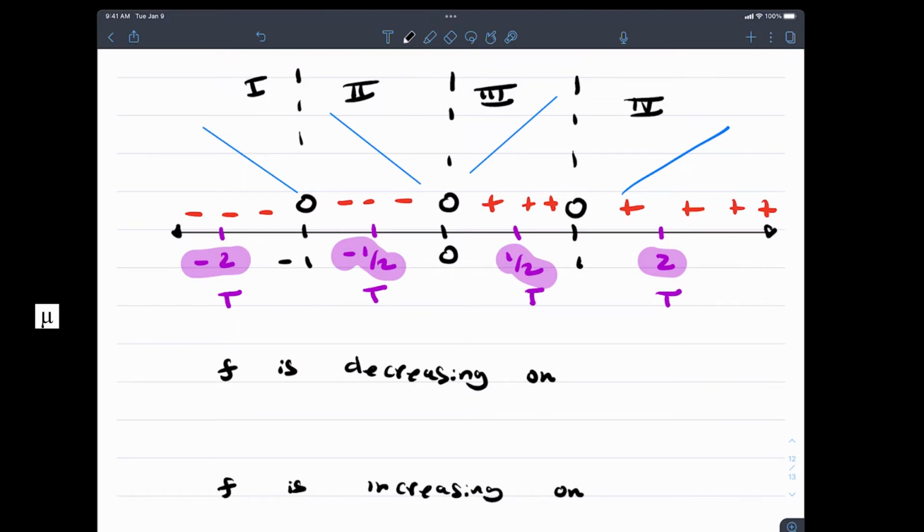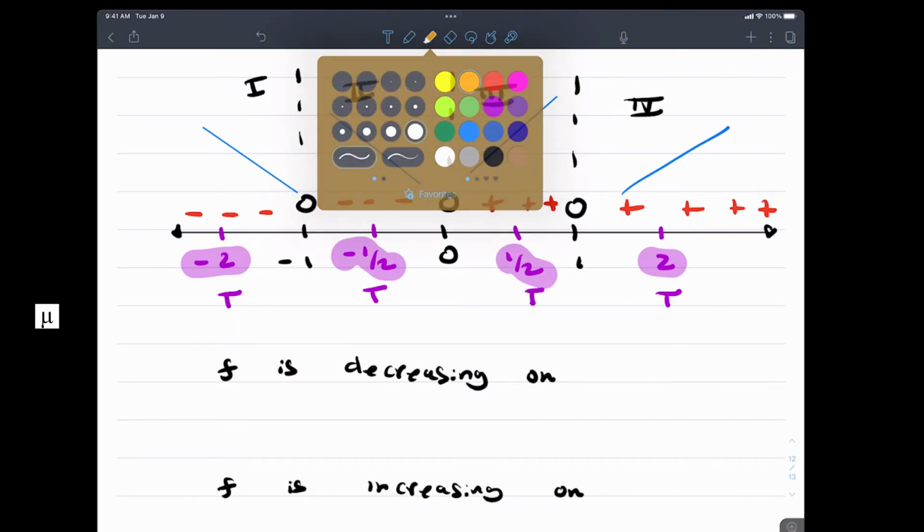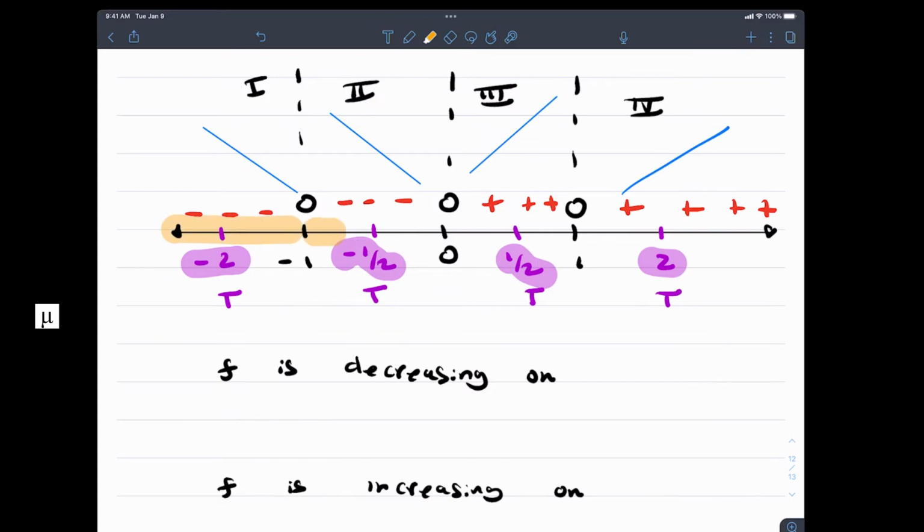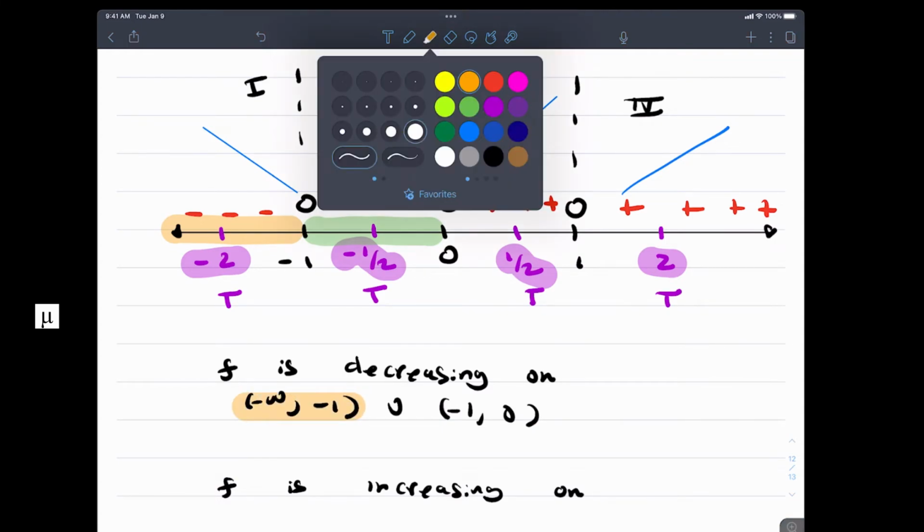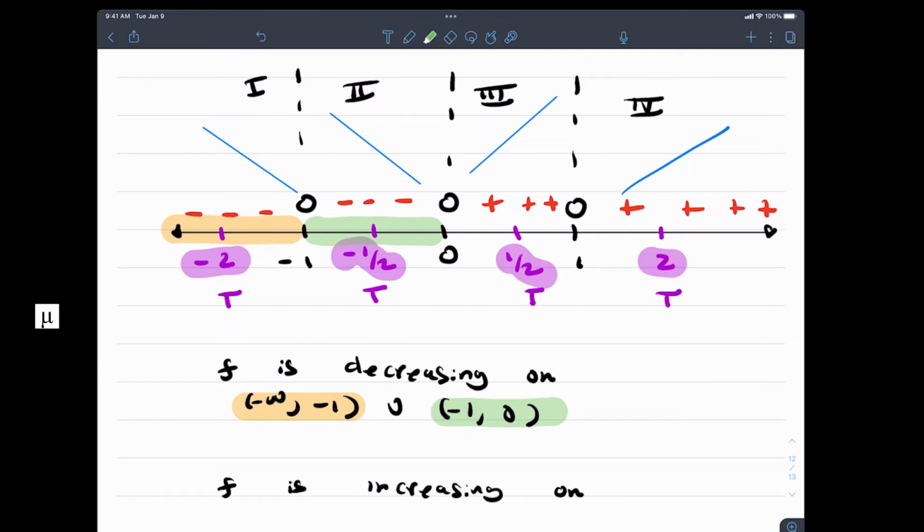We got to be careful. It's this region with this region. Don't include negative 1. Right? It's from negative infinity up to negative 1, union negative 1 up to 0. So even if I change these colors, make sure you understand this is region 1 and this is region 2. You unite them. Don't include negative 1. At negative 1, it's 0. You're at a cliff at negative 1.